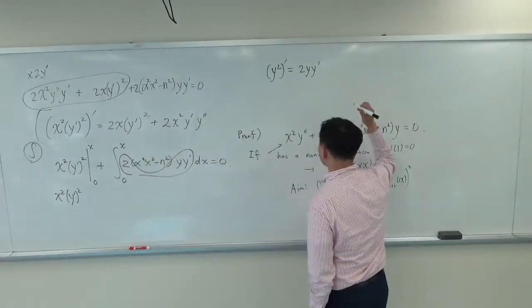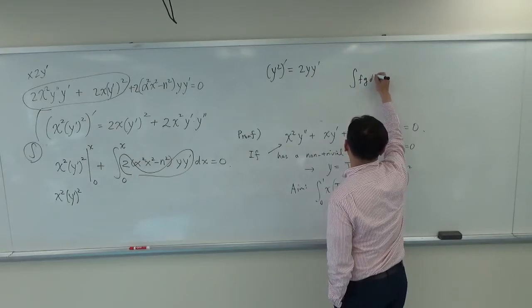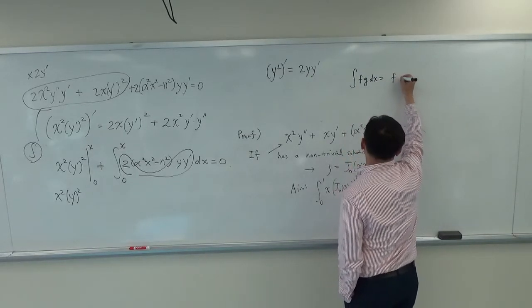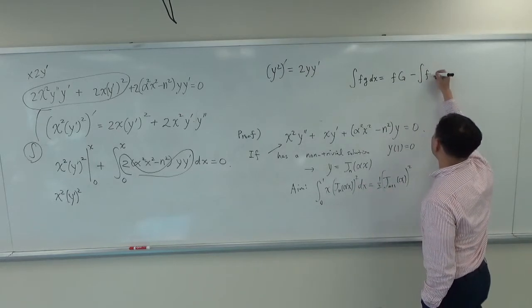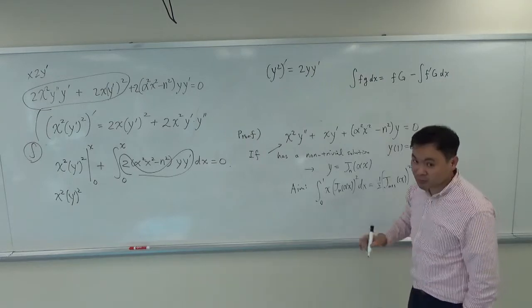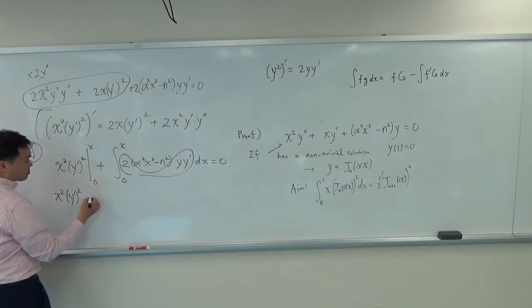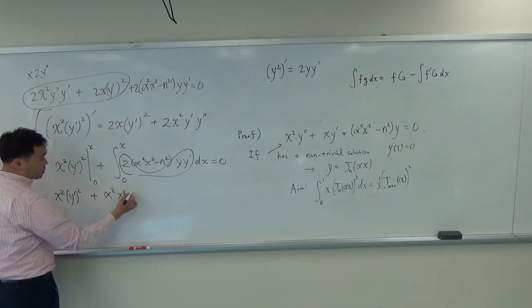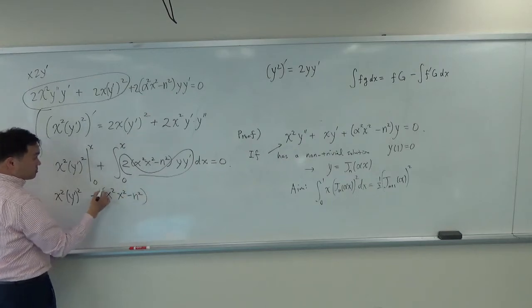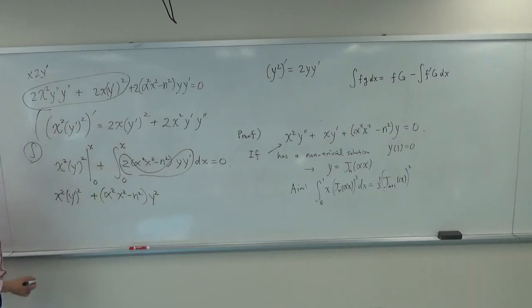The integration by parts is this: integrate two functions, then one gets integrated, but the one that you didn't integrate becomes differentiated. That's the format I like. So this gets integrated, so you have alpha squared x squared minus n squared times y squared. Right?